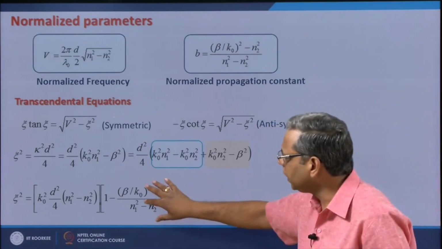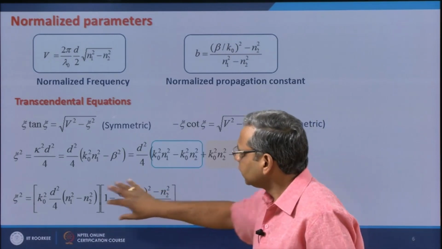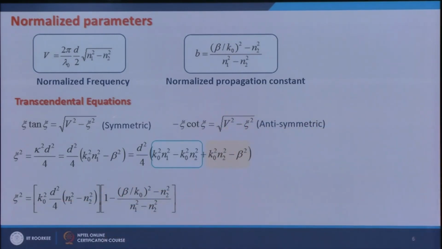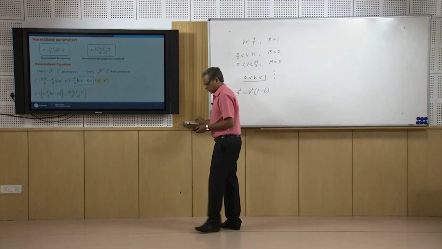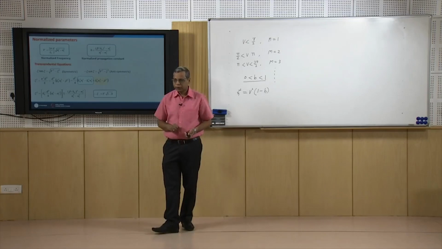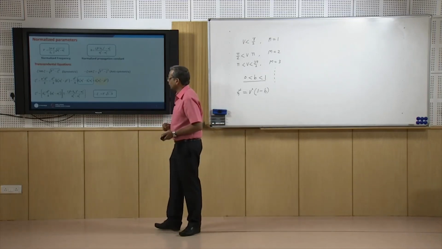So, this is nothing but B, and this is V square. So what I have got now is xi square is equal to V square times 1 minus B. This gives me xi is equal to V times square root of 1 minus B.